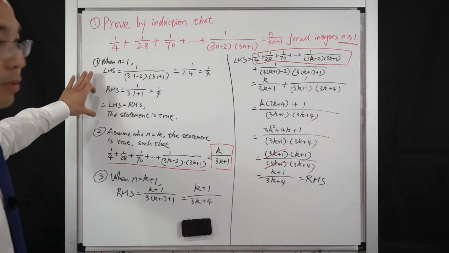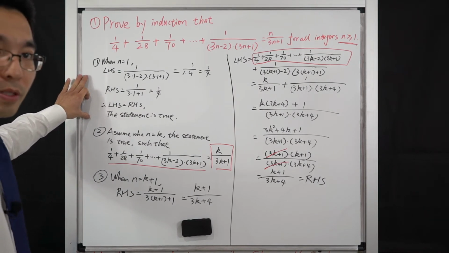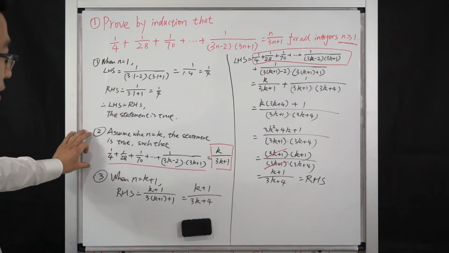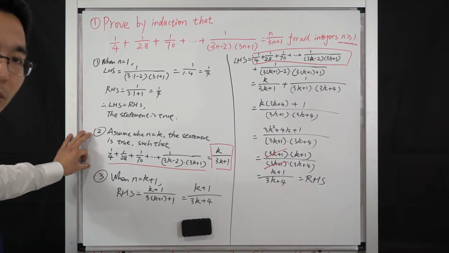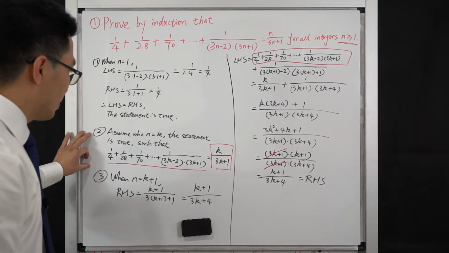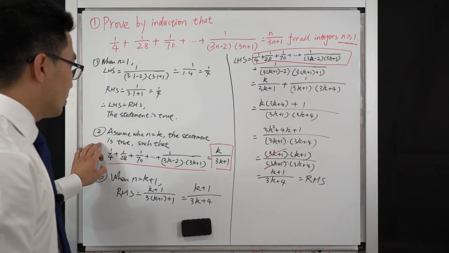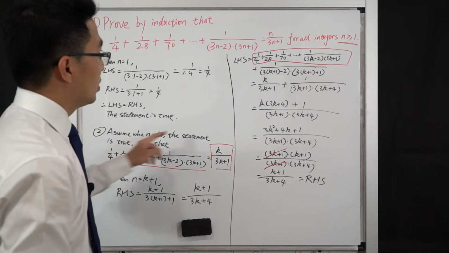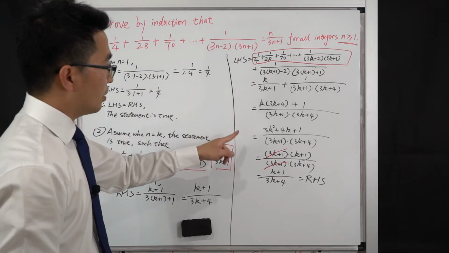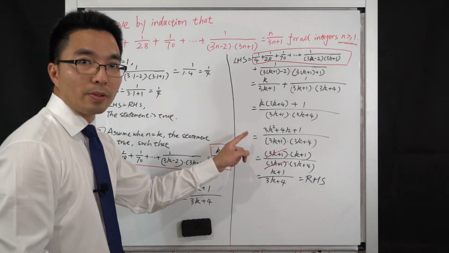Then from the first step, we have proved the statement is true. In the second step, we are assuming when n equal to k, the statement is true. In the last step, based on the assumption from the second step, we still prove the statement is true for n equal to k plus 1, right?